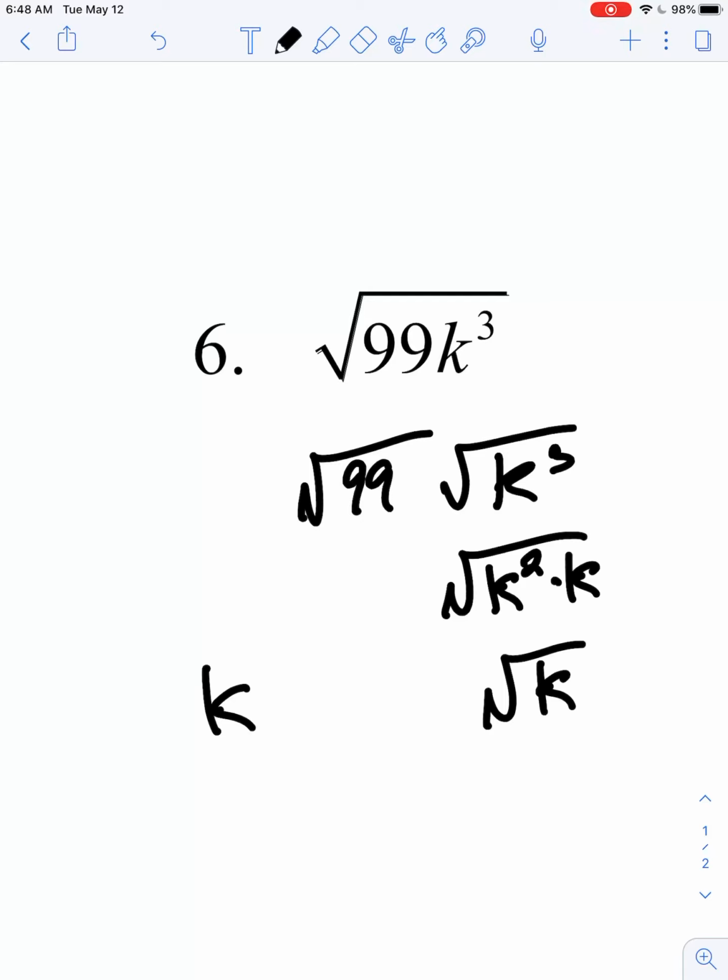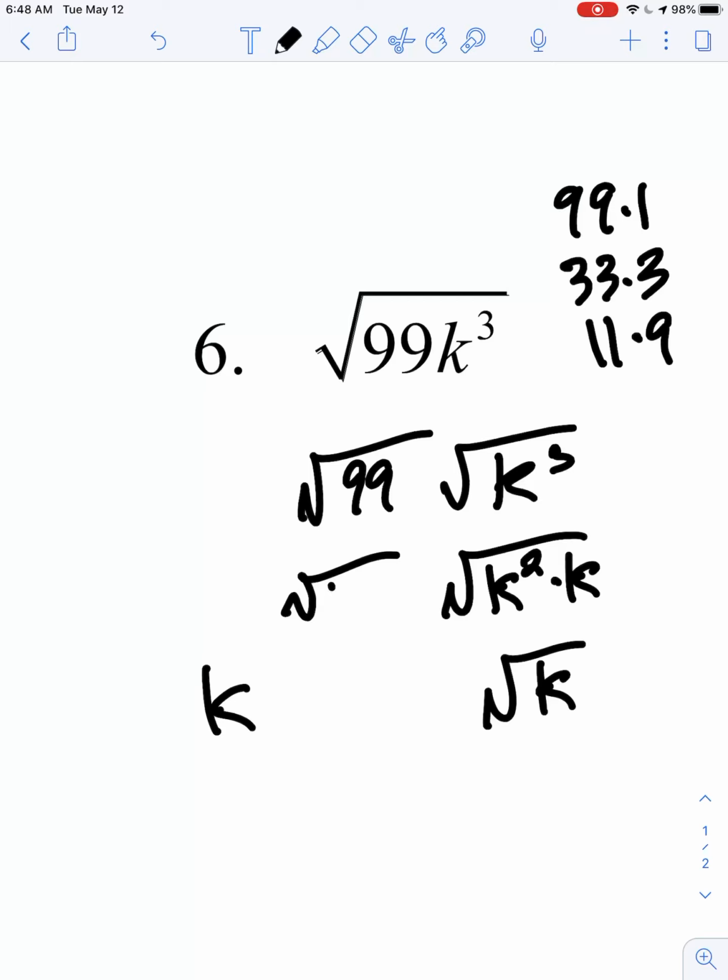And let's deal with 99. Well, 99 times 1, 33 times 3, and 11 times 9. Of those, what is the perfect square? 9 is. And so let's break this down into 9 times 11. What's the square root of 9? It's 3. Let's put that in front of the k. What's left behind? 11.